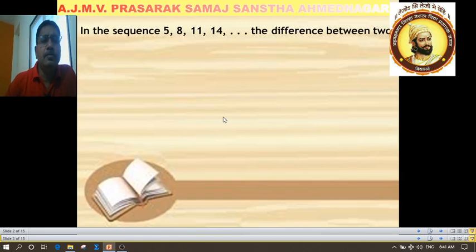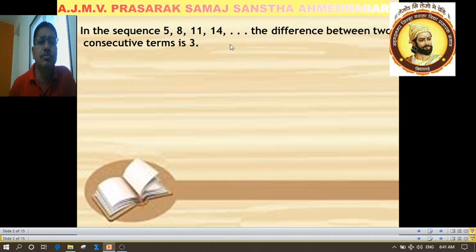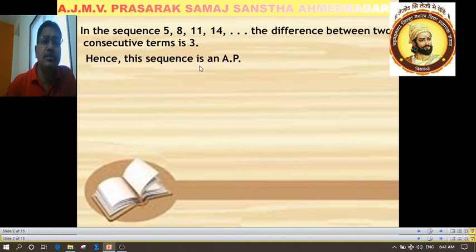See, for the formula for nth term, consider the sequence. In this sequence 5, 8, 11, 14, the difference between any two consecutive terms is 3. It means that this is the arithmetic progression. Here the first term is 5.